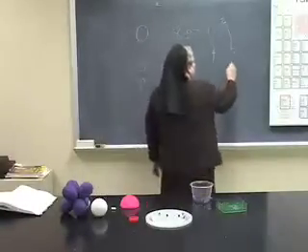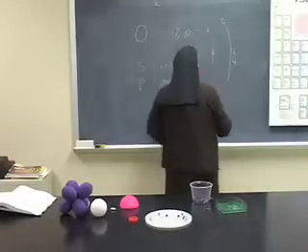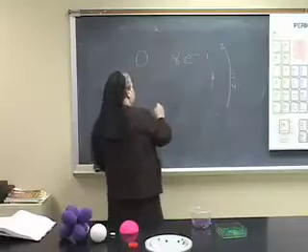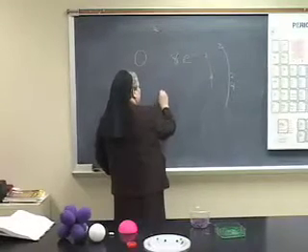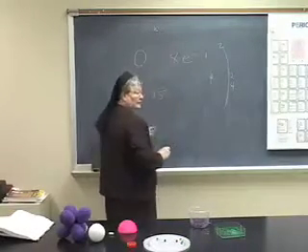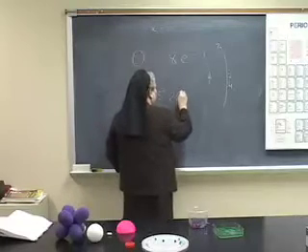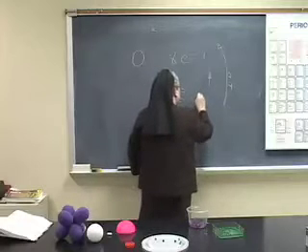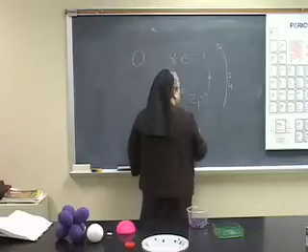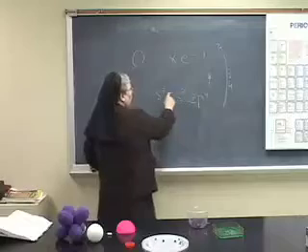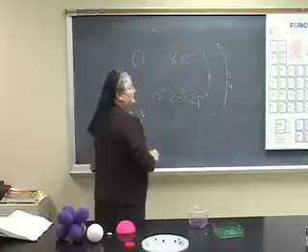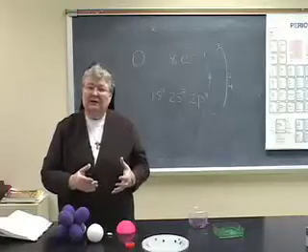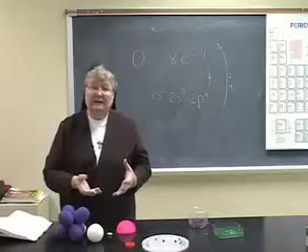So I would write this configuration. It would be 1s2, 2s2 filled with 2, and then 2p4. 4, 5, 6, 7, 8. 8 electrons. So that's the way we write the electron configuration for oxygen.